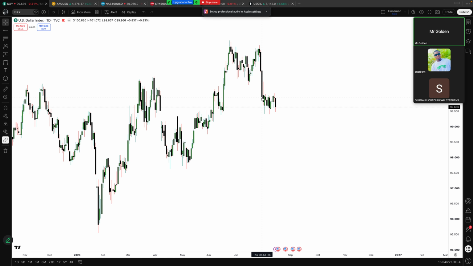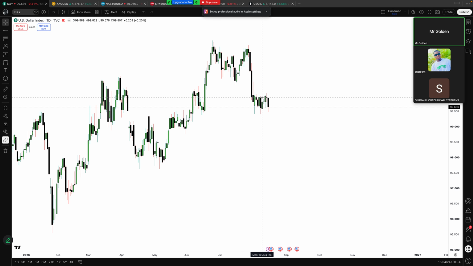So basically this is a daily time frame. Right now we can see there's something I'm learning now, breaker and the rest of it.